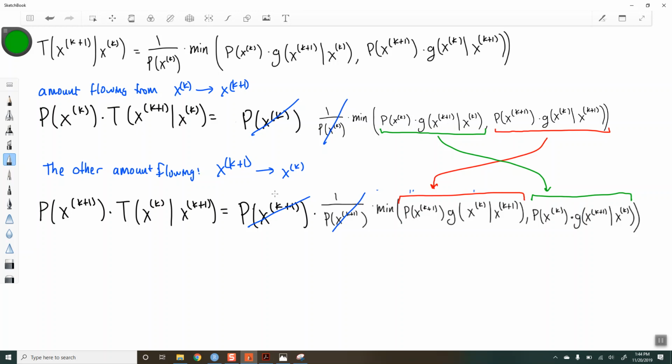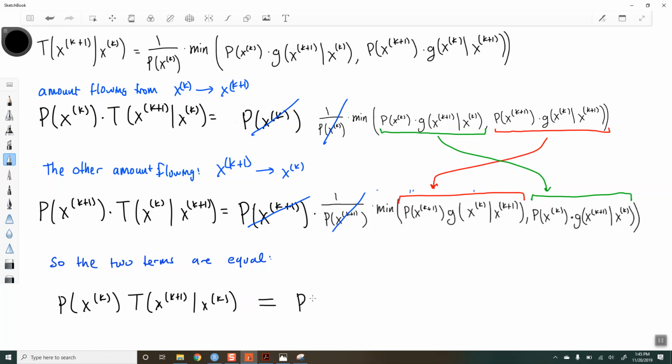So we have shown that the two terms are equal. That is to say, the probability of being at xk and then transitioning to xk plus 1 is equal to the amount flowing the other direction.